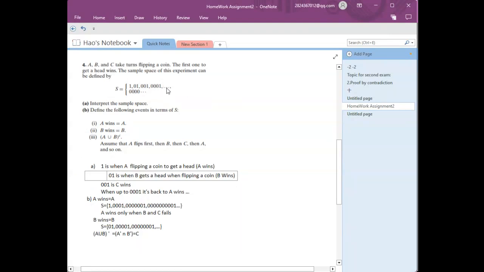It's a pattern, so you just add a multiple of 3 zeros to the front. For B, it's the same. You start with 0, 1, then you add 3 zeros in the front.